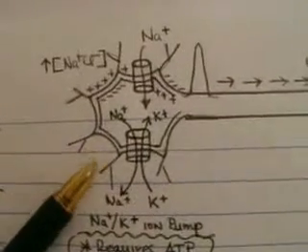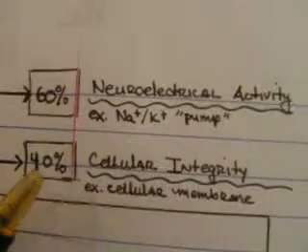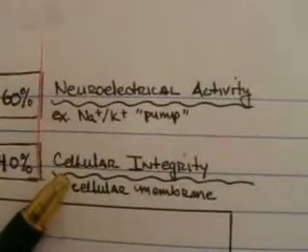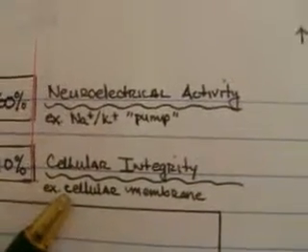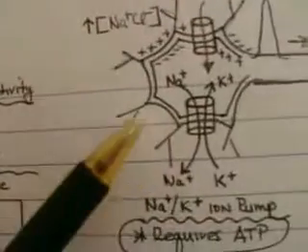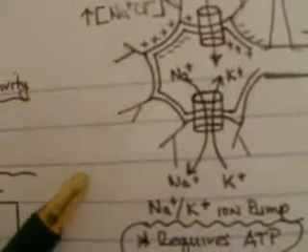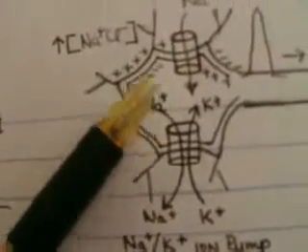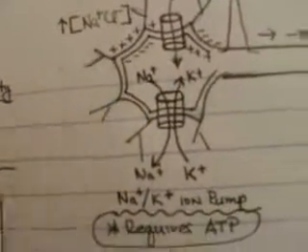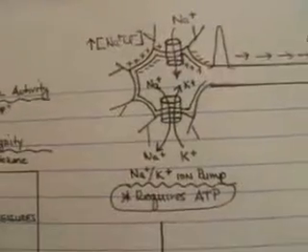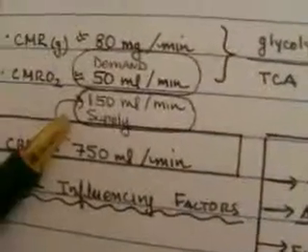Likewise, when you don't have the energy to maintain the cellular integrity of the brain tissue or the cellular membrane, you're going to start to get leaky cell membranes that will allow even more sodium to enter the cell. And again, that's going to create worsening cerebral edema. Obviously this takes place when the brain does not receive an adequate amount of oxygen and glucose.